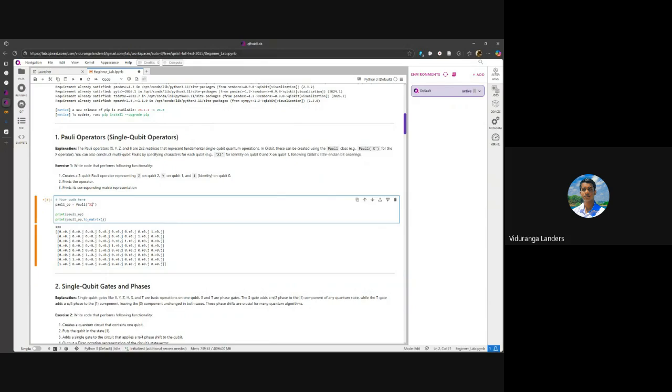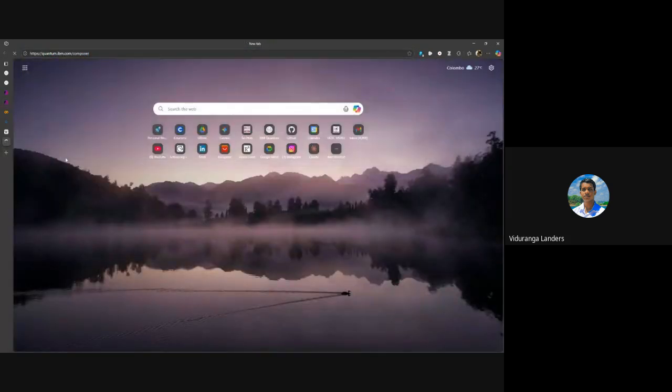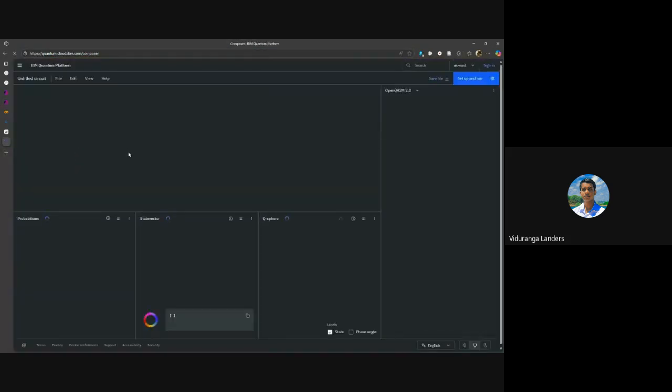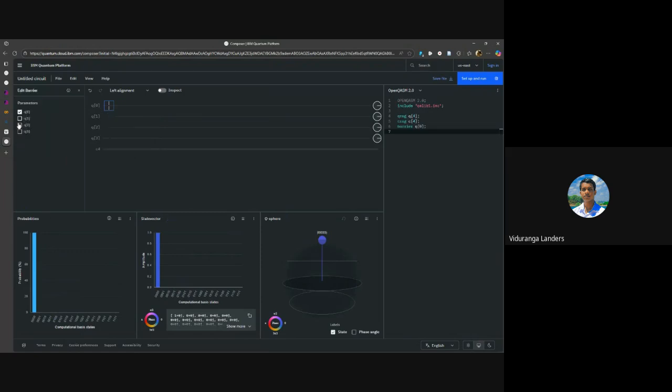So imagine you wanted to, let me go to the composer. Just give it a minute to load. Okay. So let's say I wanted to create something that could act upon all 4 qubits as layers.